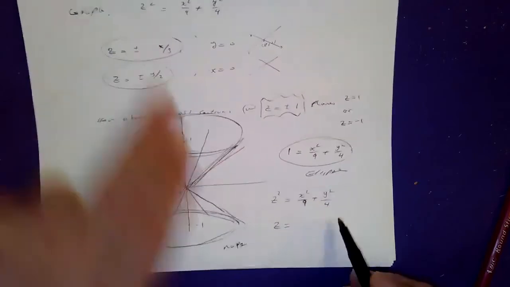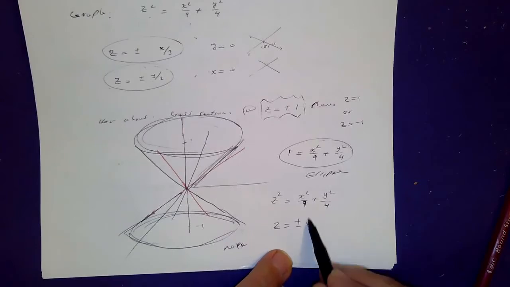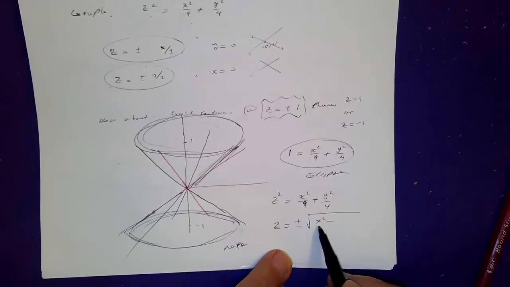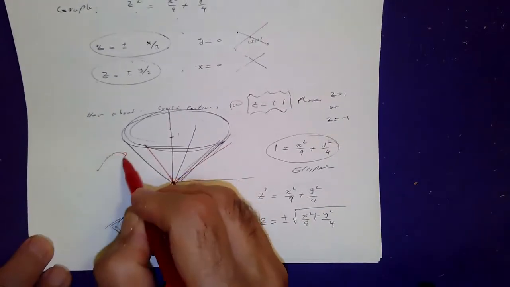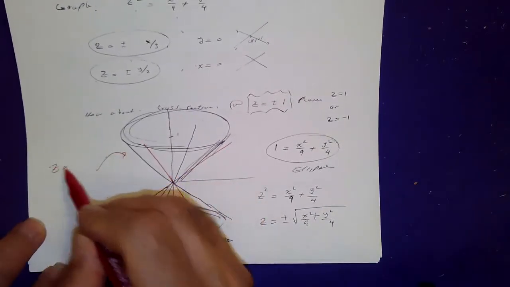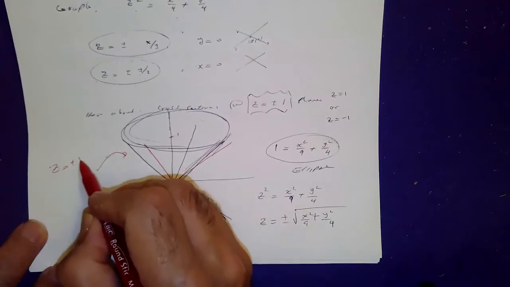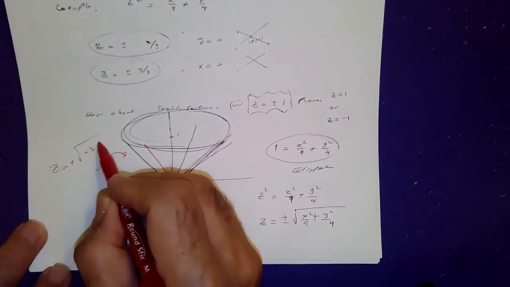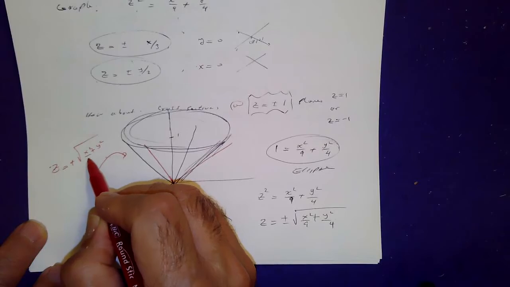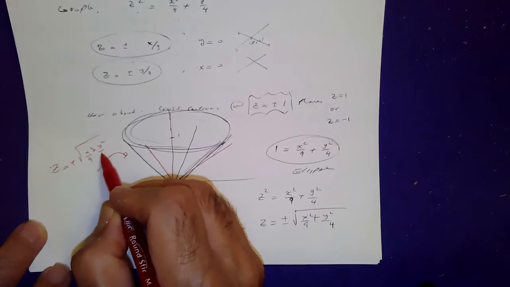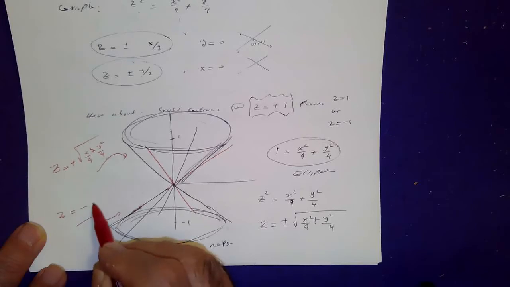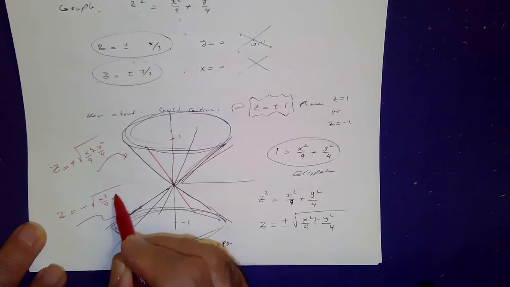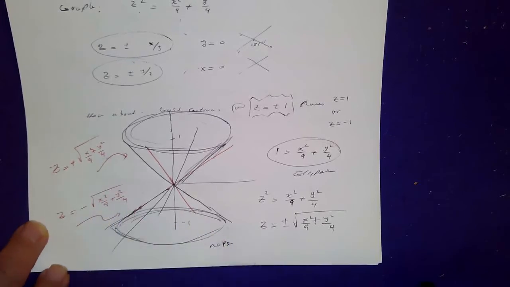Incidentally, if you solve this original equation of the cone for z, you get z is equal to plus or minus the square root of x squared over 9 plus y squared over 4. Keep in mind the upper half of the cone is the positive square root of x squared over 9 plus y squared over 4, and the lower half is the negative square root of x squared over 9 plus y squared over 4.